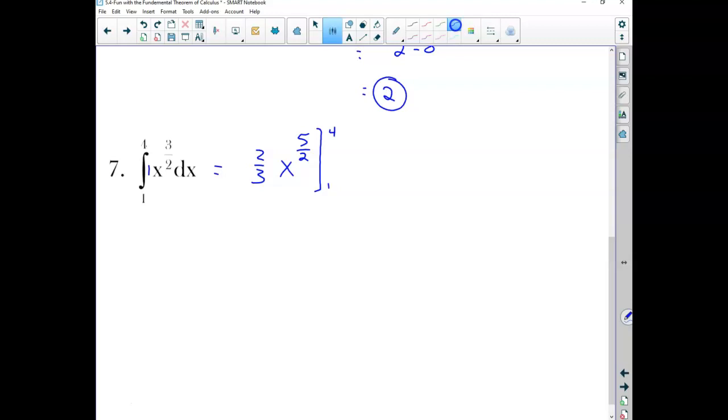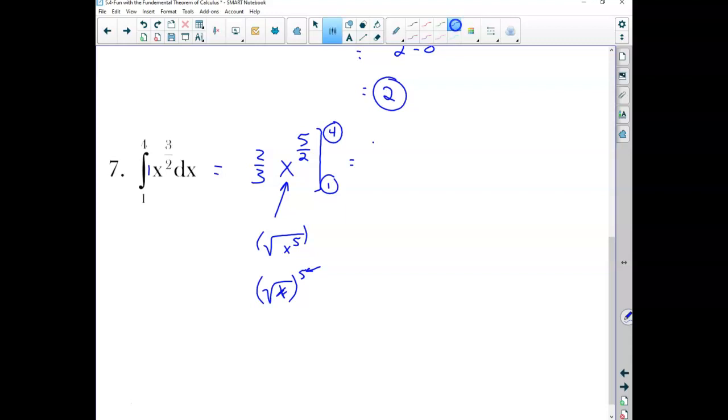Well, you might want to think about this guy as the square root of x to the 5th. And remember that 5th can go in or it can go out. It can be there or it can be there when I evaluate it. Okay? And most likely, looking at the numbers I have, I probably want it on the outside.